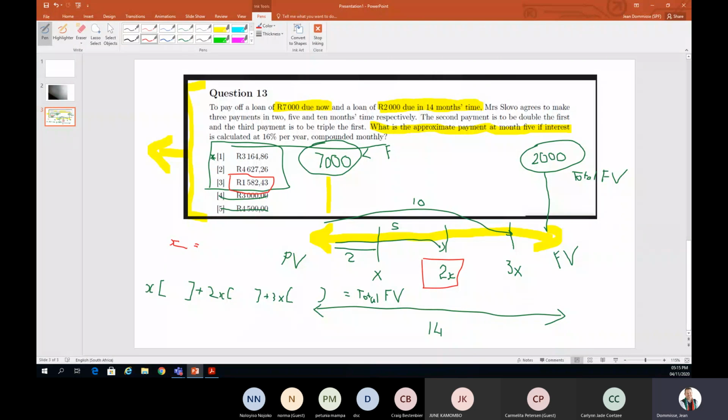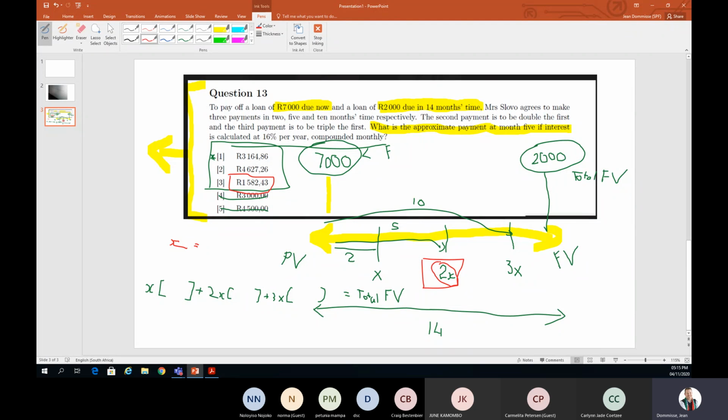So if I said that is probably going to be your x, 1582.43, if I multiply it by 2, I will get 3164.86. Okay, because it is the 5 months, so we're looking at the 2x scenario.